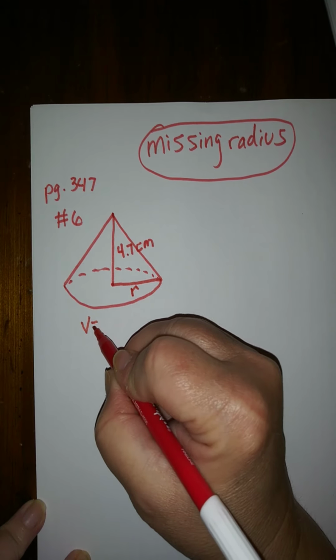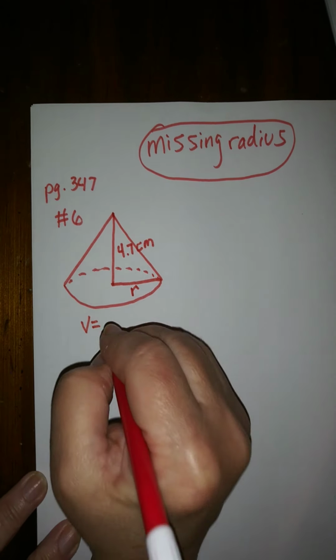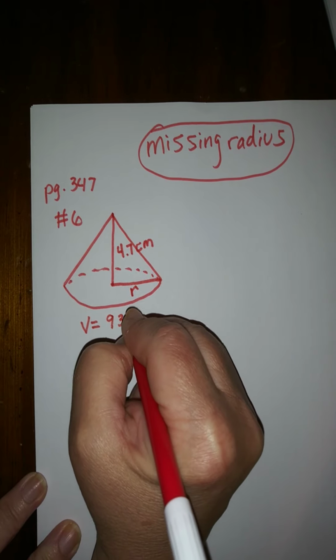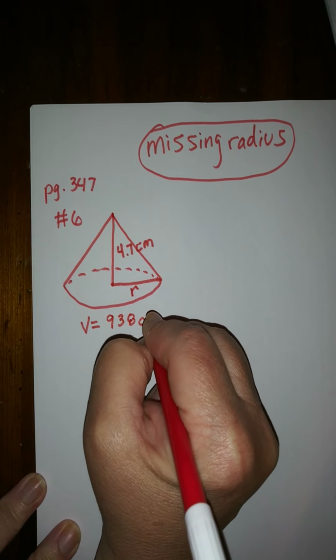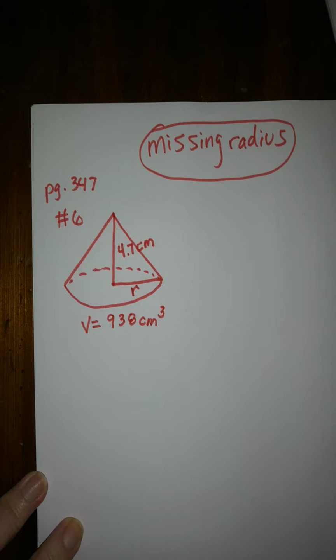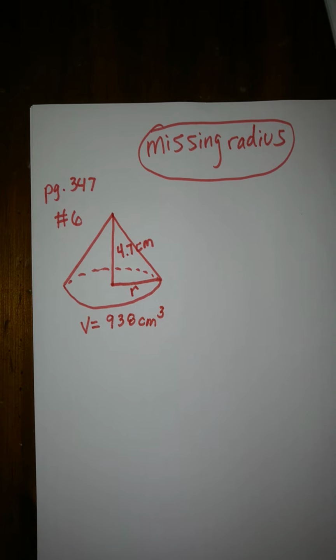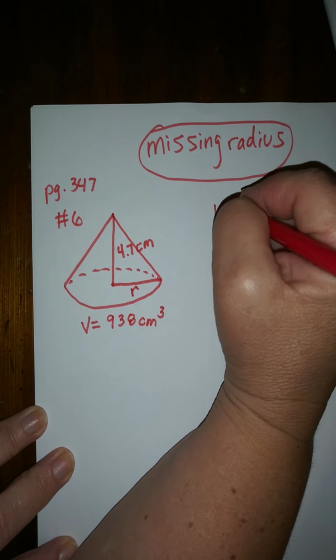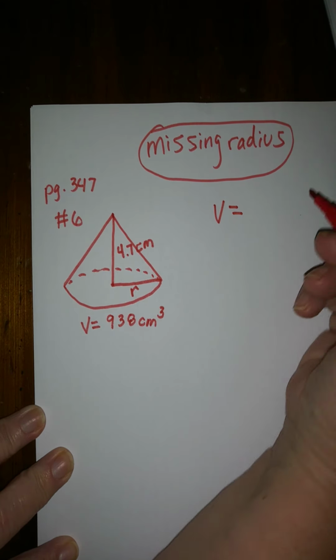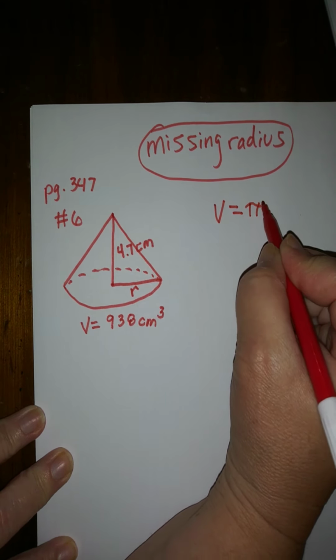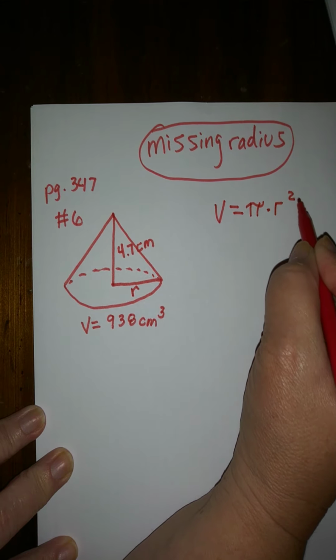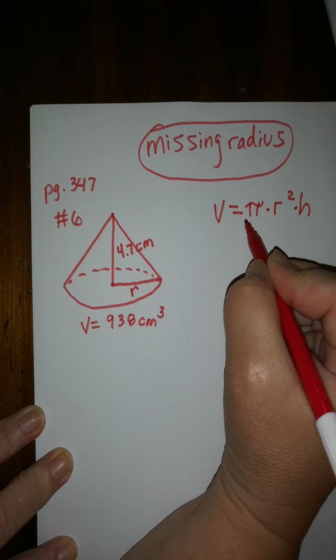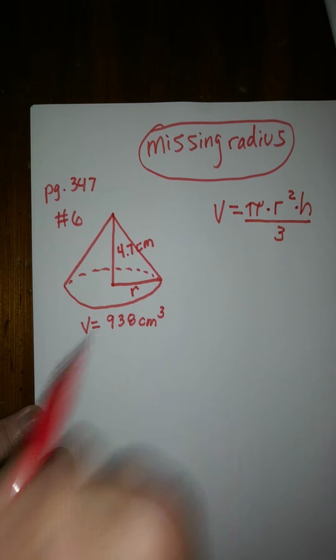And the volume we know is 938 centimeters cubed. Okay? So our formula remains the same. Volume equals pi times r squared times h divided by 3.